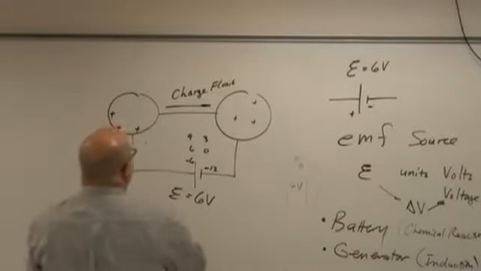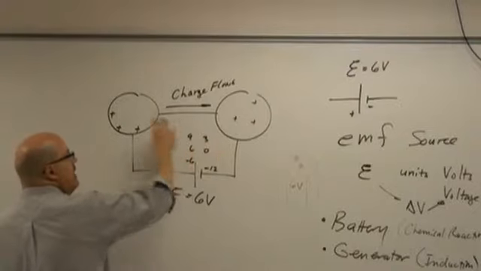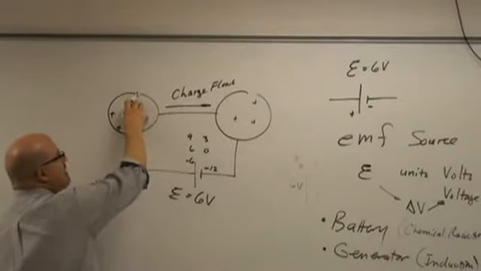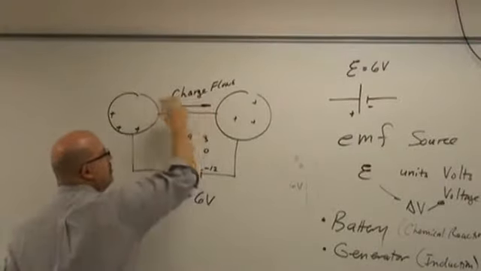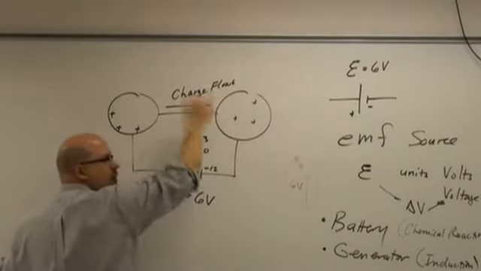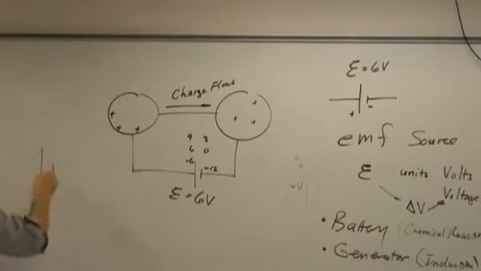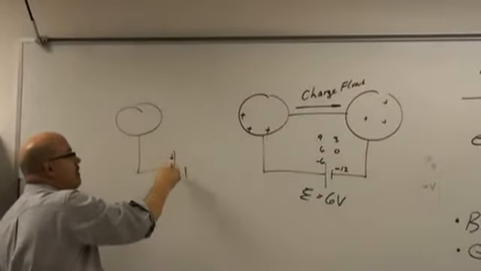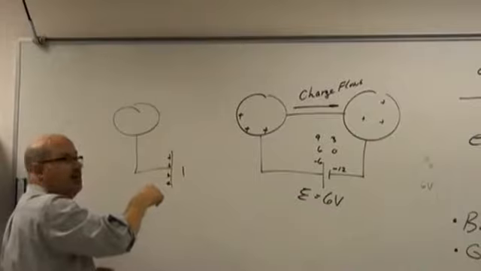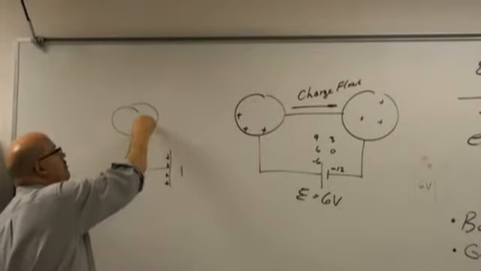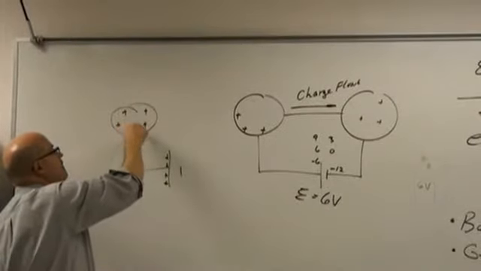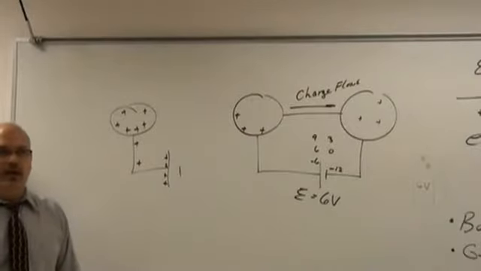And so, therefore, it's going to force this side to be more positive than that, and so charge will continue to flow. Because remember, by contact, if I have a battery and I hook this side over to this thing right here, charge is going to flow from this side of the battery onto this until when?